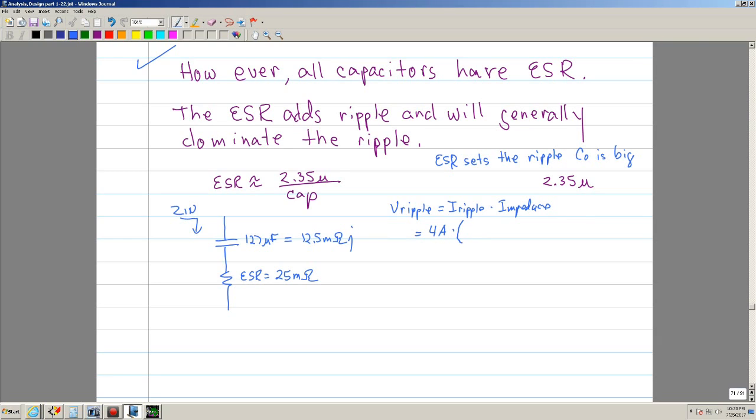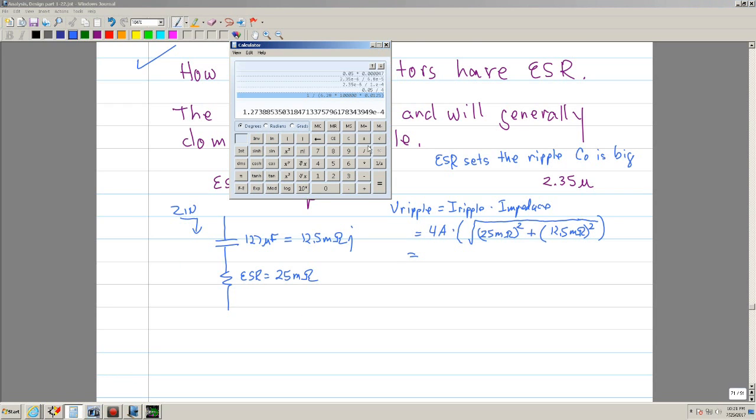Now to find the impedance of this network, we get the square root of the real part, which is 25 milliohms, squared, plus the impedance of the capacitor, which is 12.5 milliohms, squared. Okay, so let's see what we get.